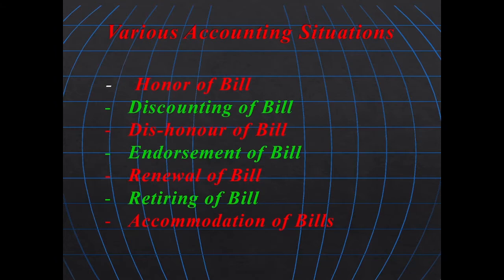This concept, accommodation of bills, is a new or innovative concept of generating money between two parties. A draws the bill on B, B accepts the bill and draws a bill on A. A will discount the bill with the bank, B will discount the bill with the bank. Now A got money, B got money.